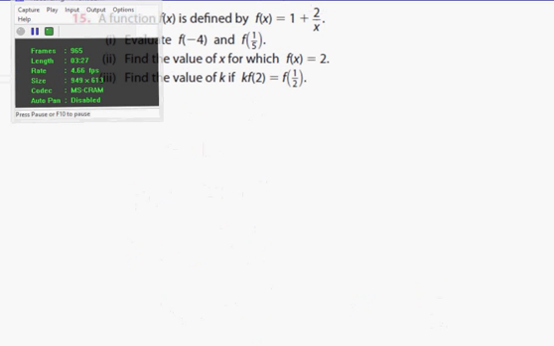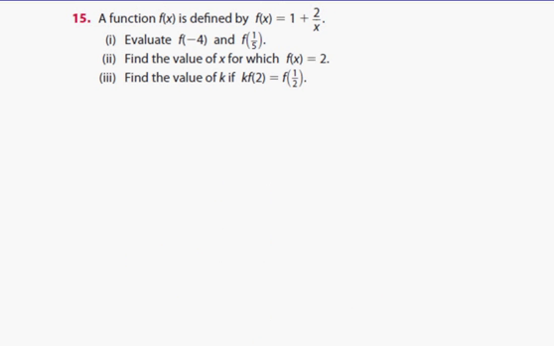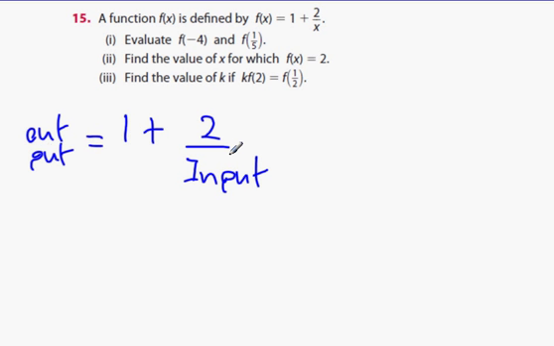Okay. A function f of x is defined by the output equals 1 plus 2 divided by the input. That's basically what it means, isn't it? Everybody happy with that? Evaluate f of minus 4 and f of a fifth. What does that mean?